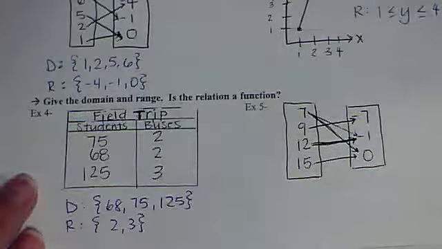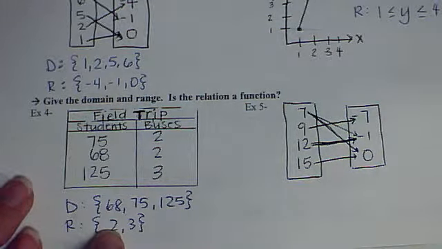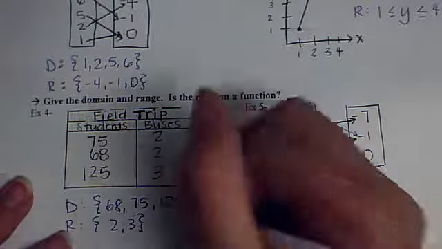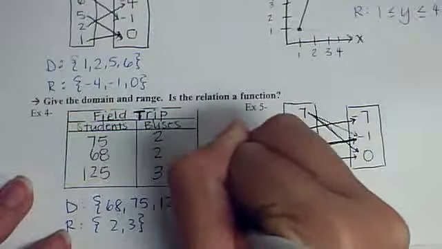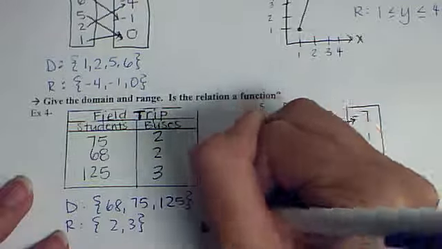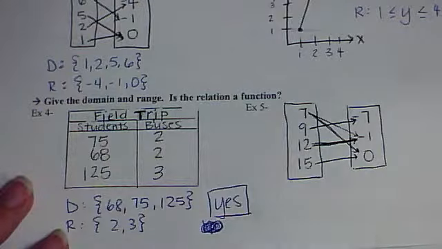Notice I did not write the 2 twice because I don't need to do that. It's already accounted for here. The possible range values that I could get, or possible y values, are 2 and 3. This one is a function because the x's do not repeat. They're each separate and different. So yes, this one is a function because nothing repeats.